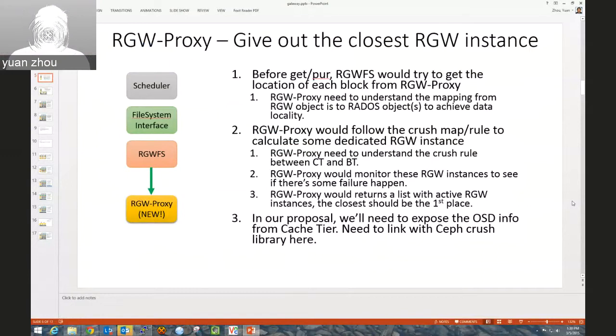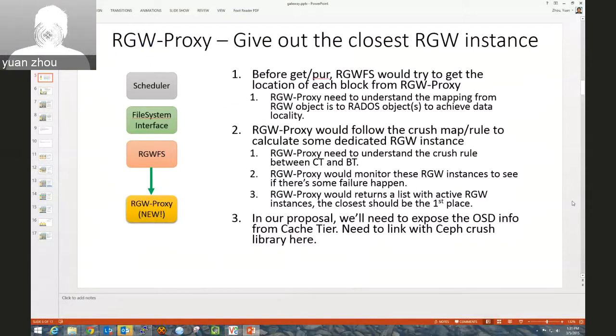There's actually a mapping from Rados gateway objects to Rados objects. So the first requirement is that RGW-Proxy will need to understand the mapping from Rados gateway objects to Rados objects in order to achieve data locality here.